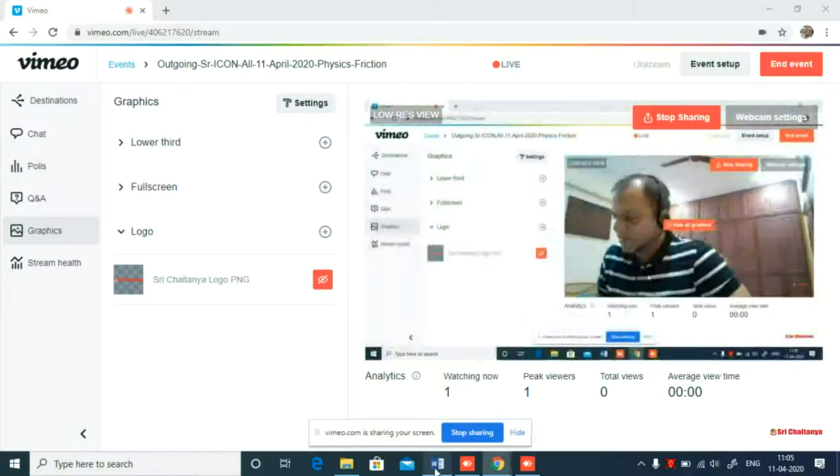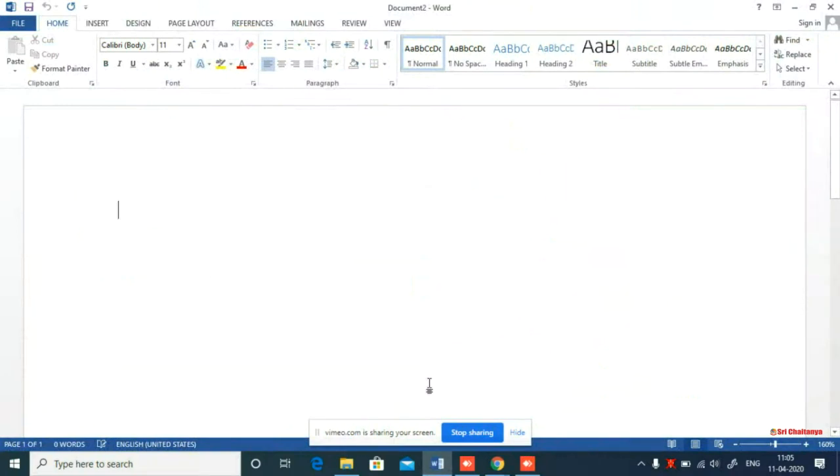What are the conditions that friction will arise? So if you think of it, there are two cases.